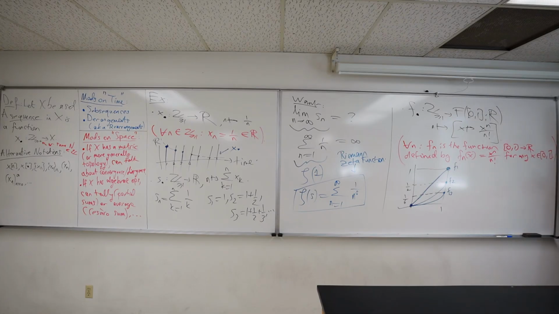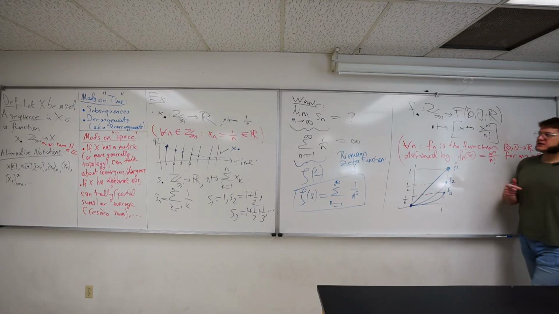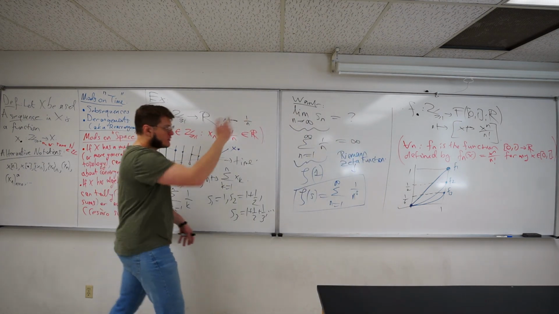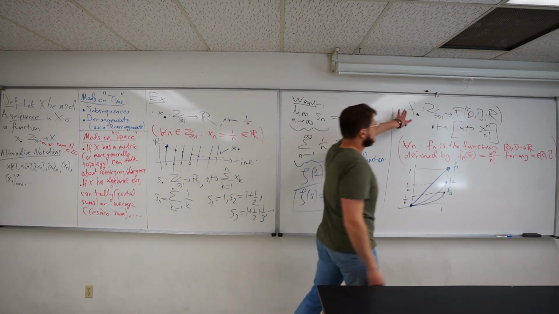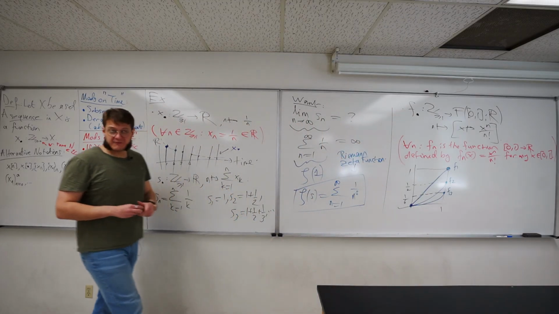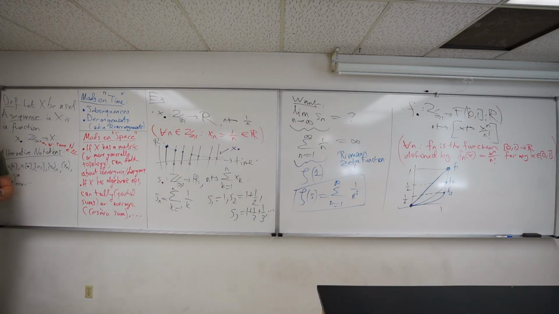Now the complication you see is this. When it comes to a sequence of functions, just like we talked about convergence of sequences of numbers, we would like to be able to talk about convergence of sequences of functions. But it turns out that there are multiple distinct ways of talking about convergence of sequences of functions.